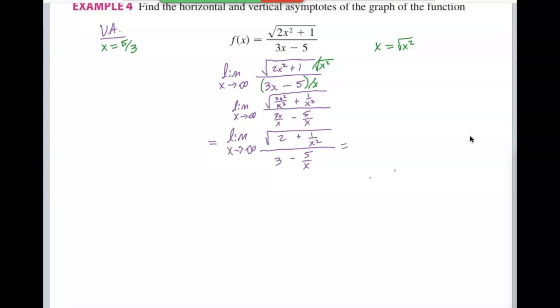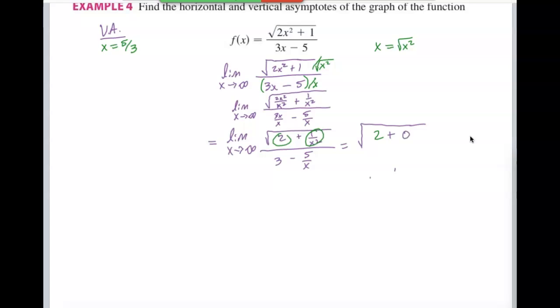What's going on as we let the constant 2 approach infinity? It just stays 2. What about 1 over x squared? What is that going to approach? Yep, 0.